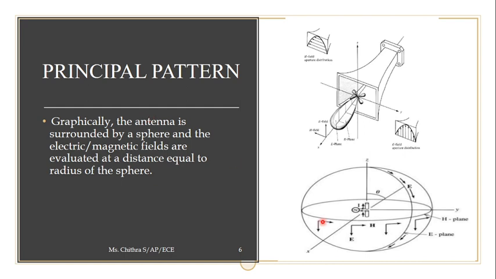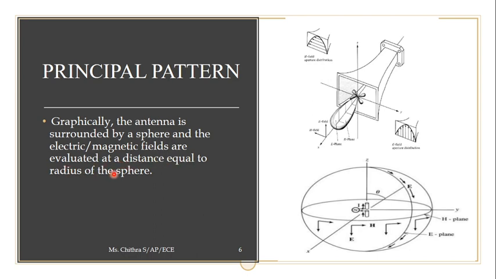So the graphical pattern on the surface of the sphere, as we move outwards towards the sphere, we reach the far field region. The actual radiation pattern that is present in the far field region is what we call the principal pattern of the antenna. Fine. So we are evaluating the electric field and magnetic field at a distance equal to the radius of the sphere.